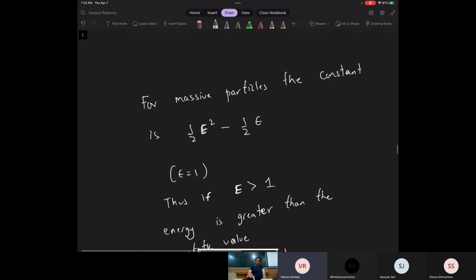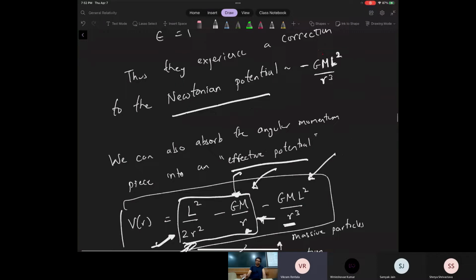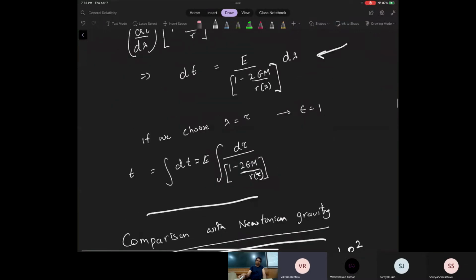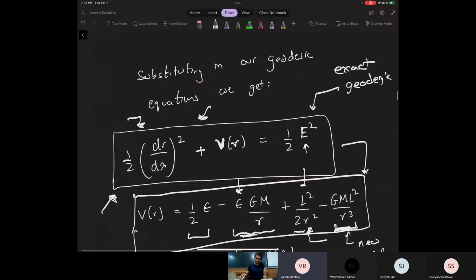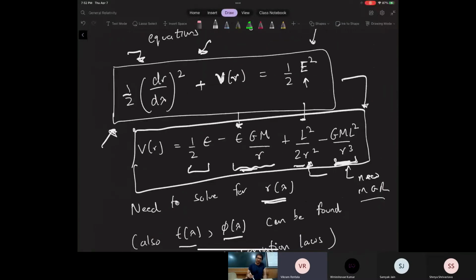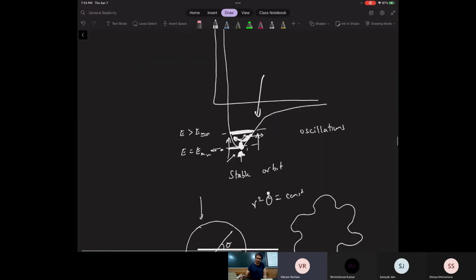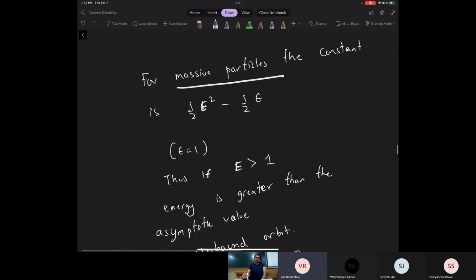Now for massive particles, if we look at the GR equation, we had half epsilon minus epsilon GM by r, where epsilon was 1, plus L squared by 2r squared minus GM L squared by r cubed.